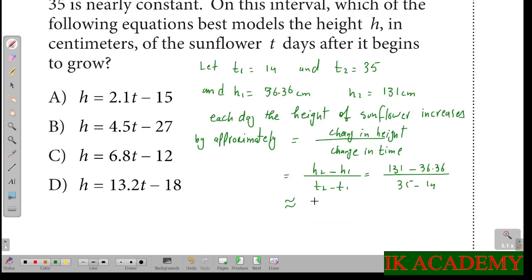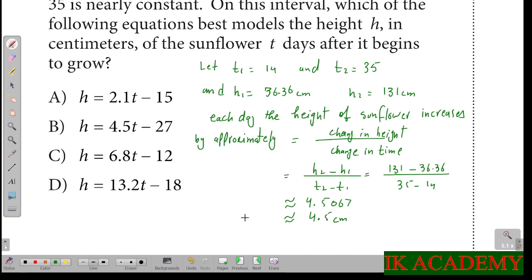So it's approximately equal to 4.5067. So if we round off the figure, it will give us 4.5 centimeter.